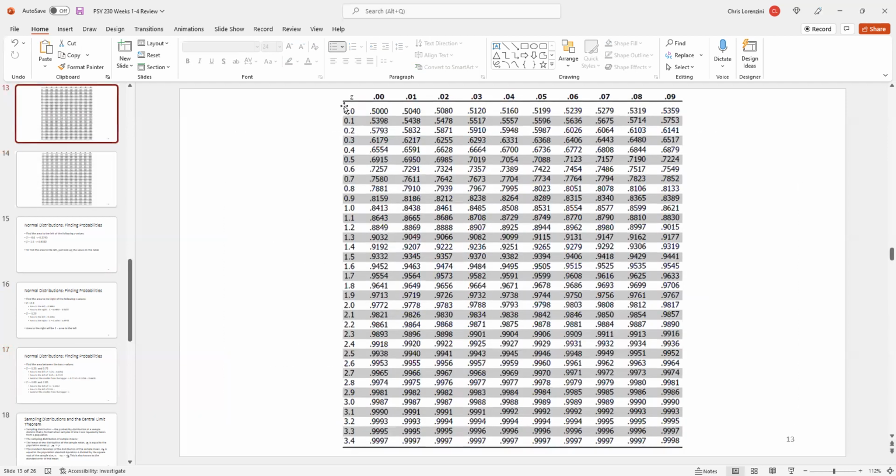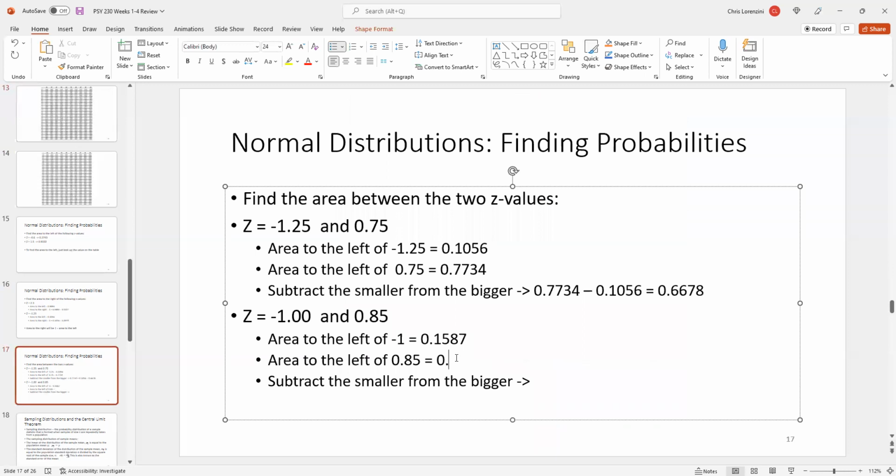And then 0.85, 0.8 over to 0.05, I get 0.8023. And then I just subtract the smaller number from the bigger number. And then I get my answer, 0.6436. And that's how we do that, finding areas between.